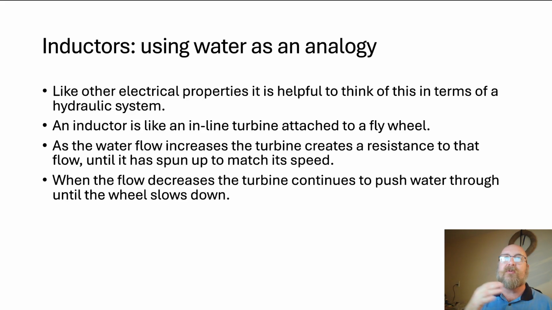However, if the flow decreases, the turbine will continue to push water through it because of the mass of that flywheel. It's essentially creating a momentum to it. It's inertia that will continue to pump and push water through until that wheel slows down. So that's the water analogy for this. It's a way of visualizing it. It can be very helpful to know that water analogy.